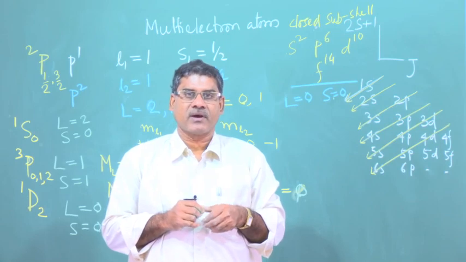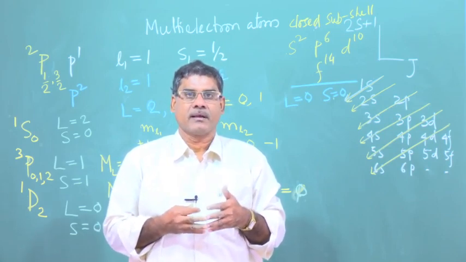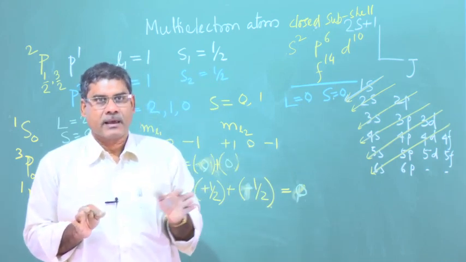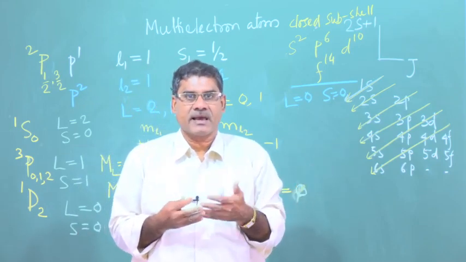It does not violate the Pauli exclusion principle because they are non-equivalent, either n or l are different already. So we will not bother about ML and MS, they can be the same, they can be different.